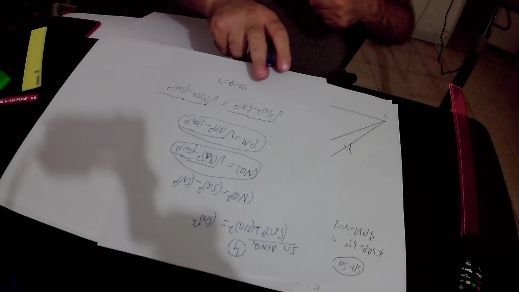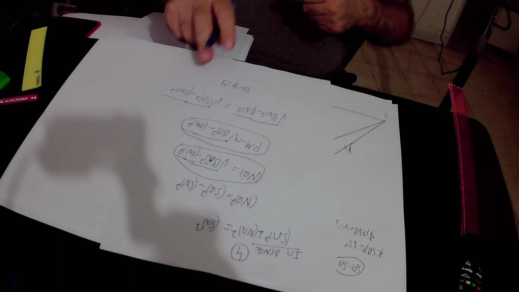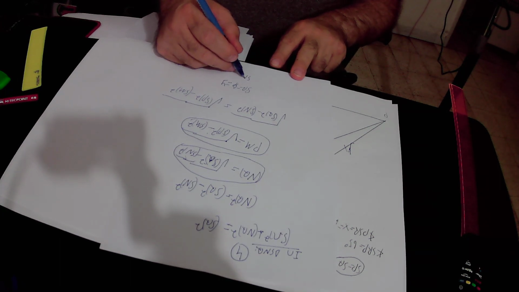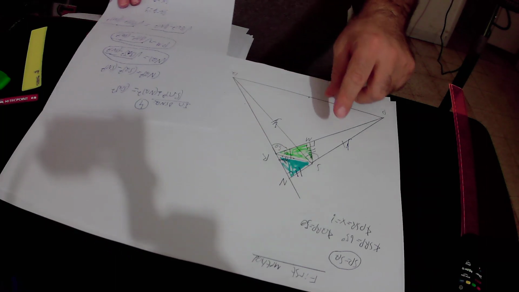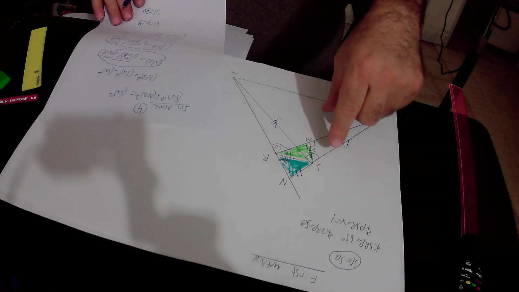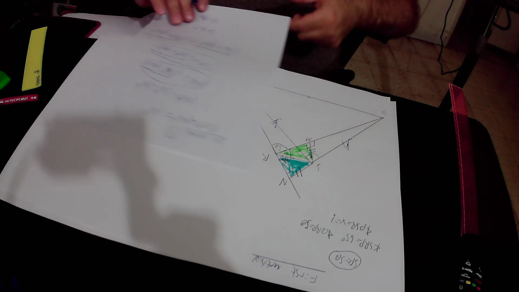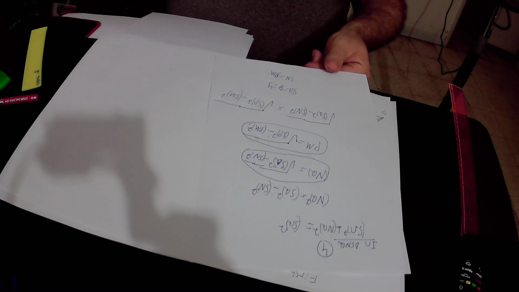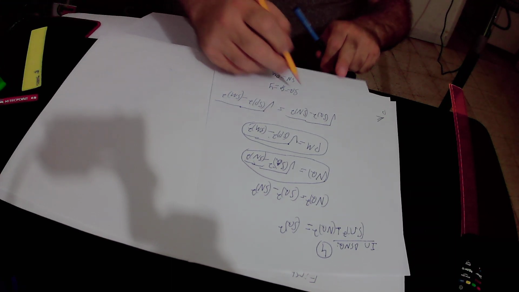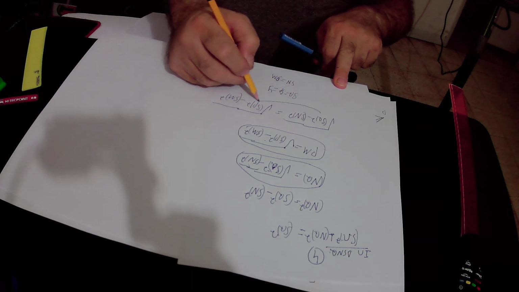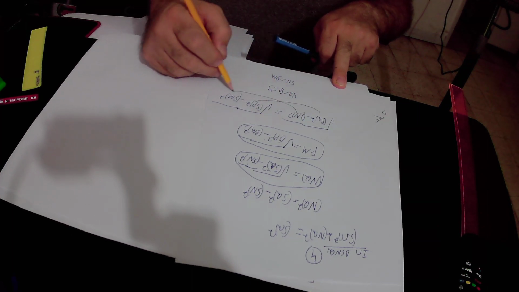And also SN is equal to SM. SN is equal to SM, we already proved it. So again, SQ is equal to SP and SM is equal to SN.